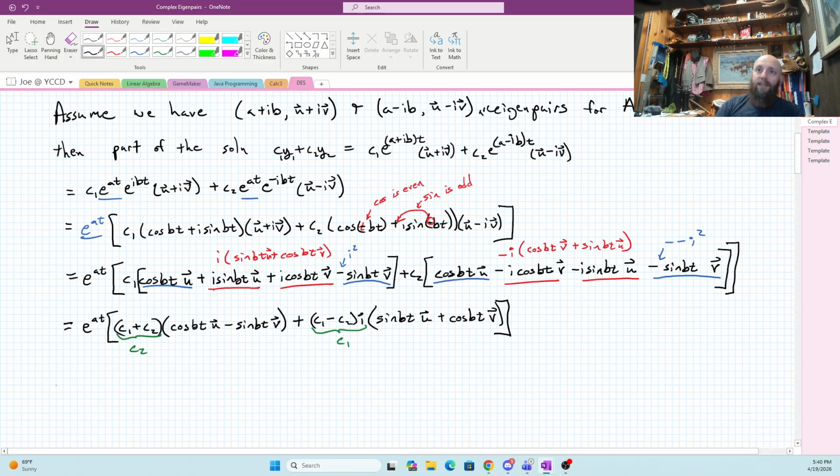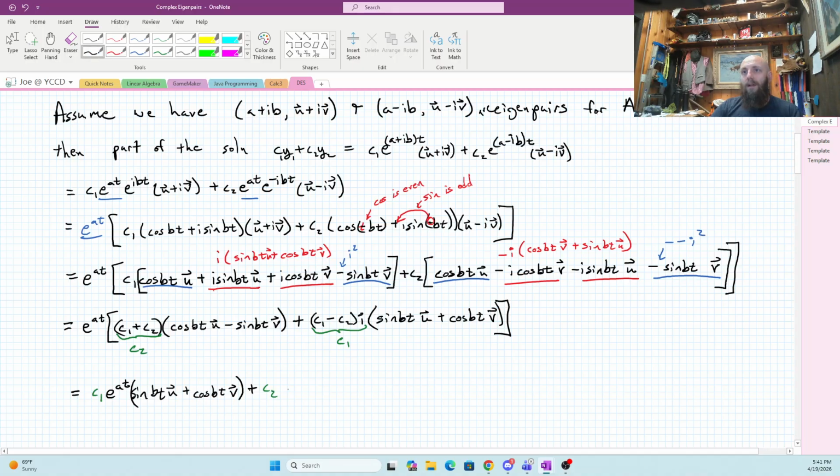And then I'm going to rewrite this. I've got a C1, so that's this constant here. I've got an e to the at, that's from this e to the at here. And then I got some parentheses. I got a sine of bt u plus cosine of bt v. Then I got a plus, and I got a green C2 here.